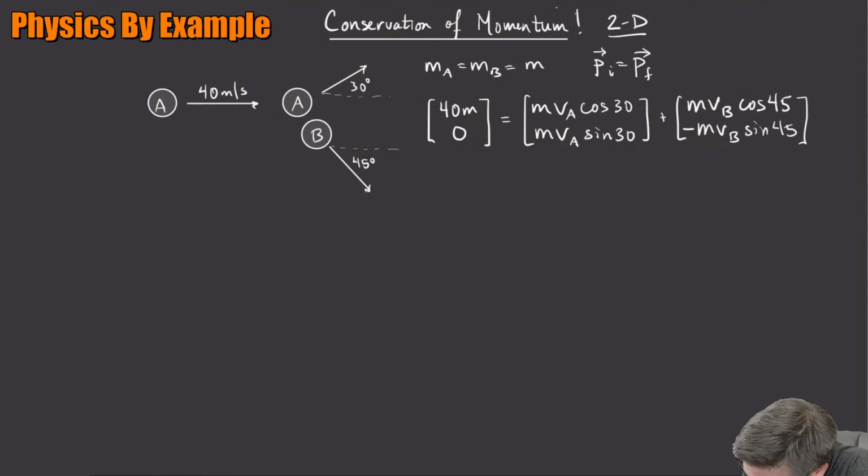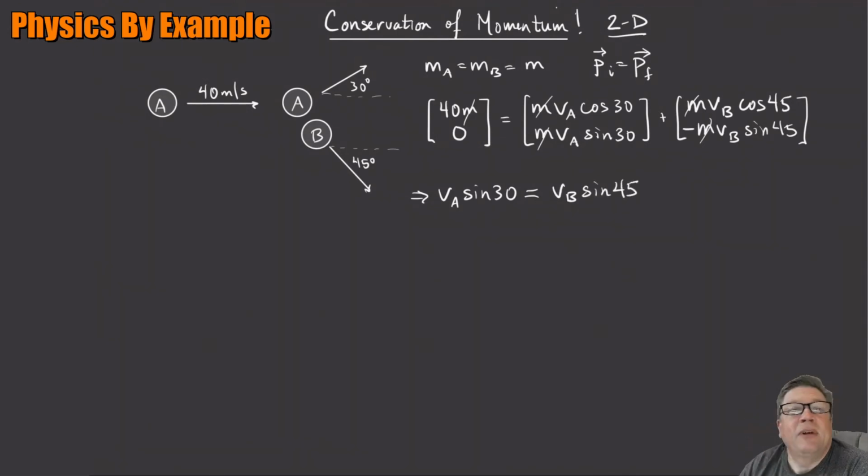Okay, so let's look at the bottom one. That's going to be pretty easy. First of all, the m's are going to cancel out, so this tells me that v_A sine 30 is equal to v_B sine 45. If I look at the y component equations, those are just 2 separate equations.